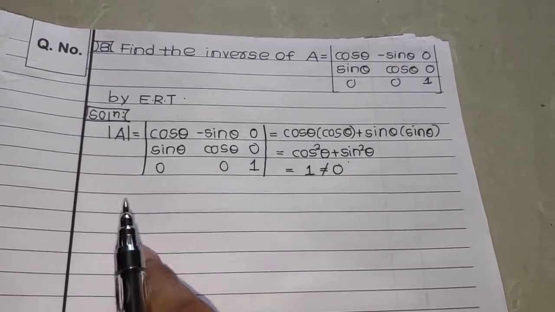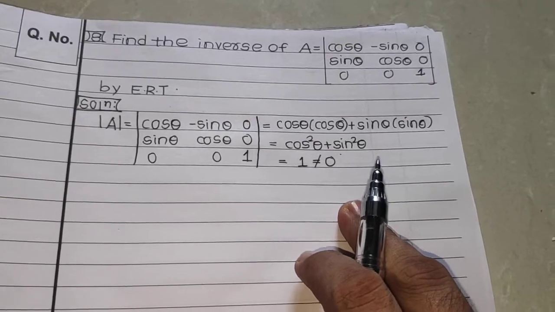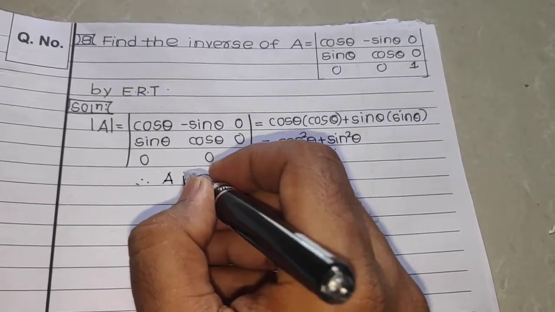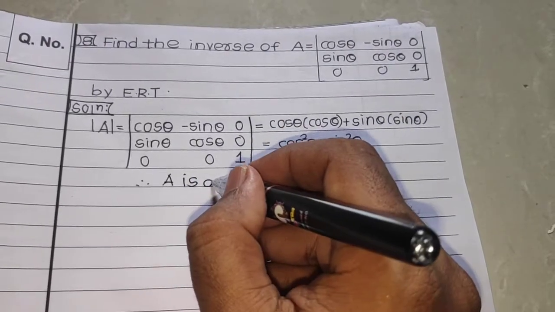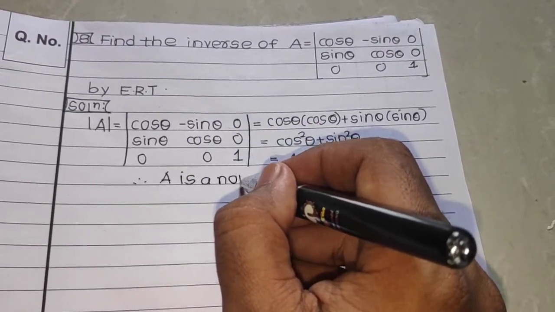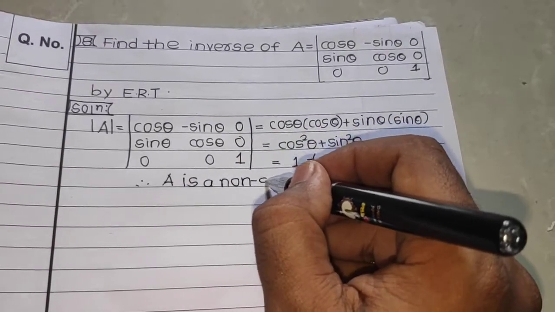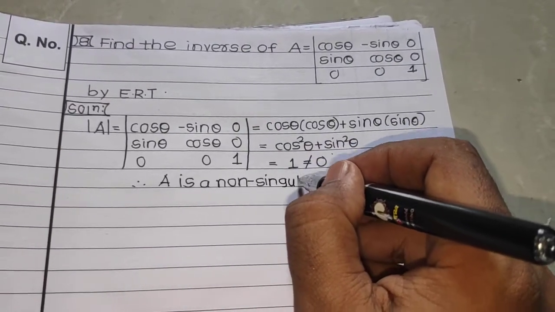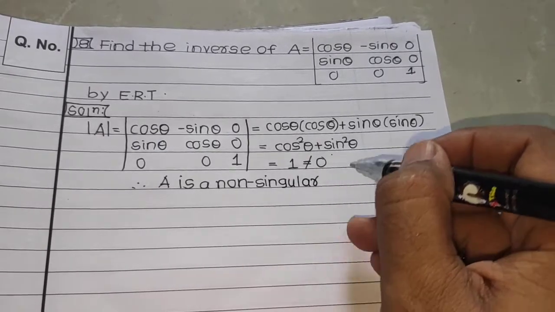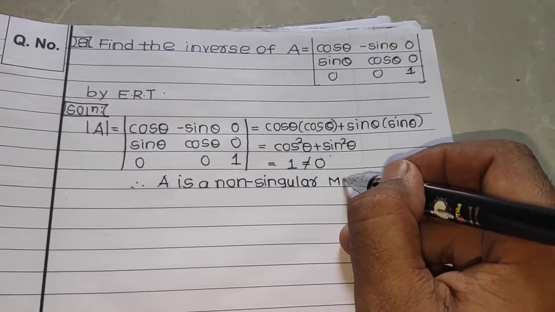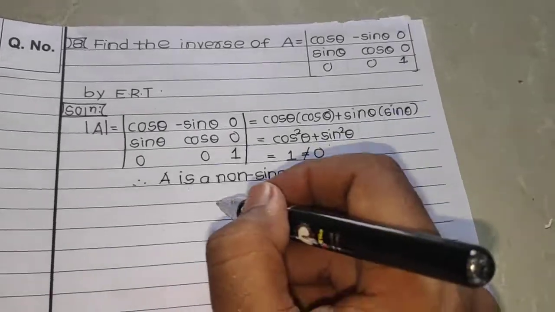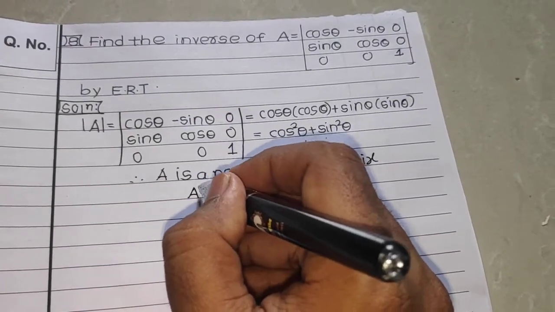Now the determinant of A is not equal to 0, so we can definitely say that A is a non-singular matrix, and if A is a non-singular matrix, definitely A inverse exists.